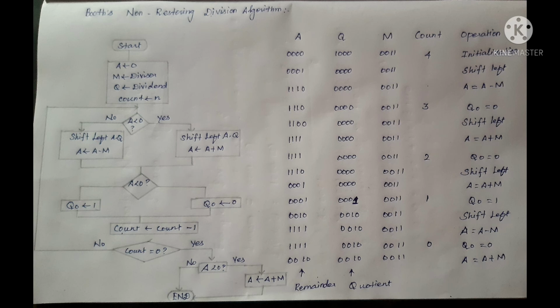Now here A is less than 0, so we'll perform A equal to A plus M. 0 0 1 0 0 0 1 0 and 0 0 1 1. So 4 times 1 plus 0 0 1 1 will give us 0 0 1 0. Carry is discarded, whatever is generated by the addition A equal to A plus M.